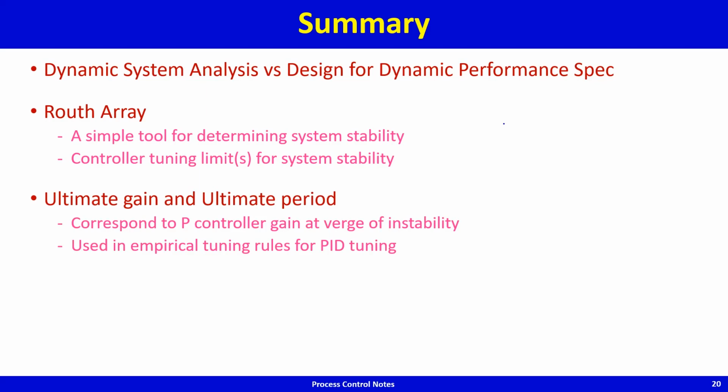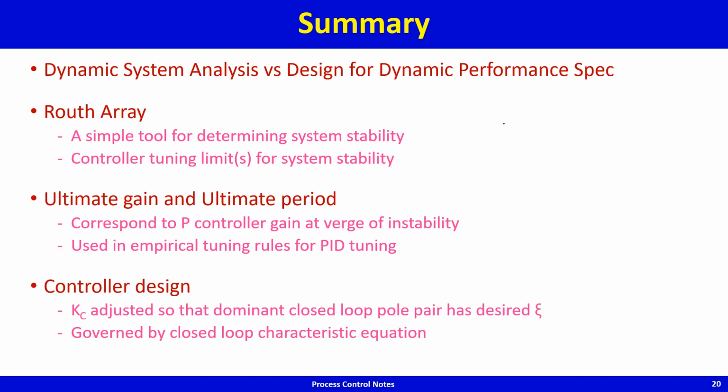Ultimate gain and ultimate period are of fundamental importance in the design of feedback controllers. These correspond to a P controller gain at the verge of instability for which you get complex conjugate purely imaginary roots which result in sustained oscillations. Once we have an estimate of Ku and Pu, these can be used in empirical tuning rules for controller tuning.